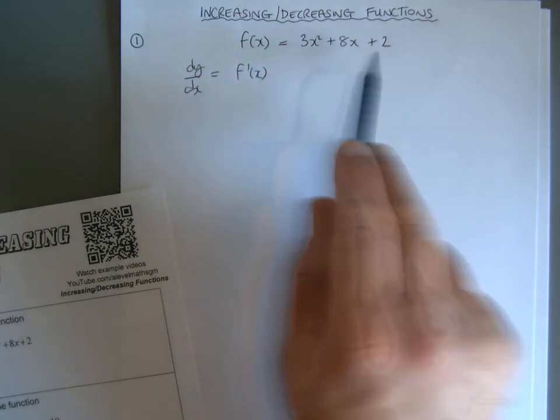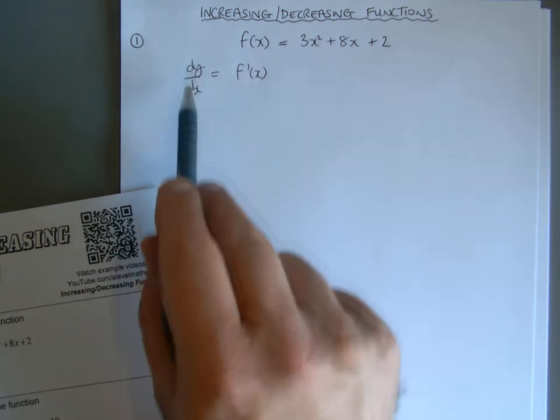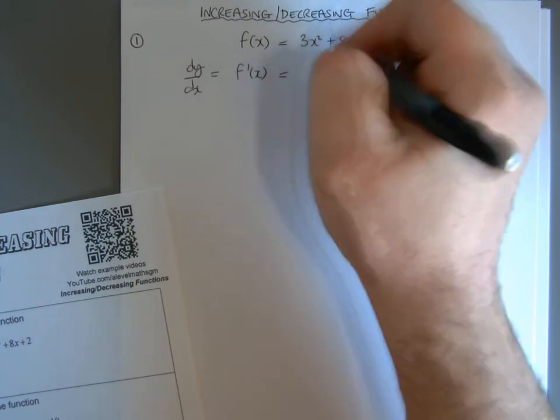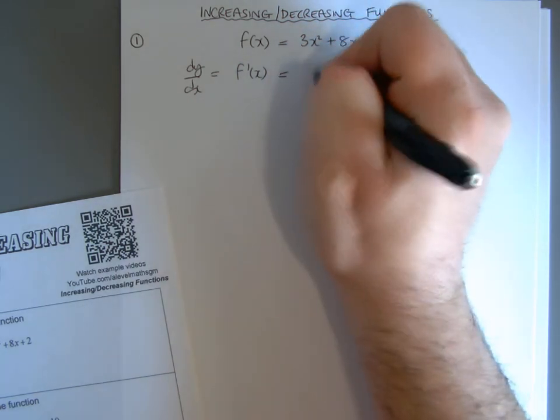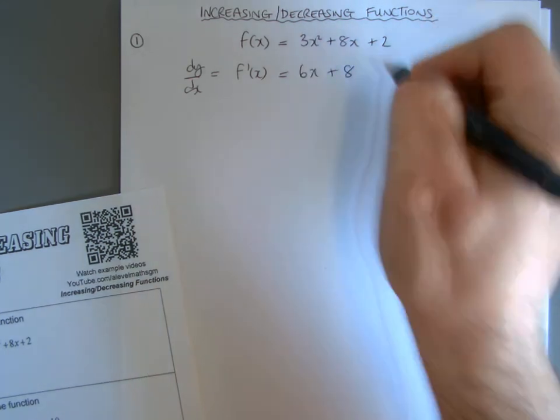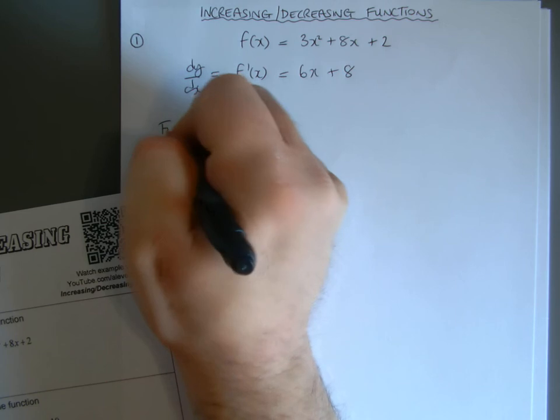They haven't said y equals, they've said f of x. So instead of writing dy by dx, I'll write f dash of x, just a different notation. So I differentiate this, bring the 2 down, so I get 6x, and then that becomes 8, and the 2 will disappear.